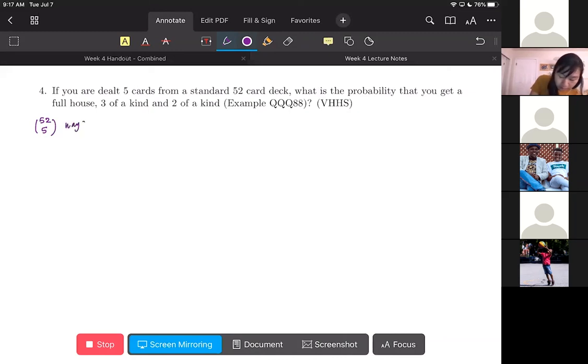Ways to choose a 5 card hand from a 52 card deck. Cool. All right, so now we want to count the number of full houses. So any ideas on how we can do that?